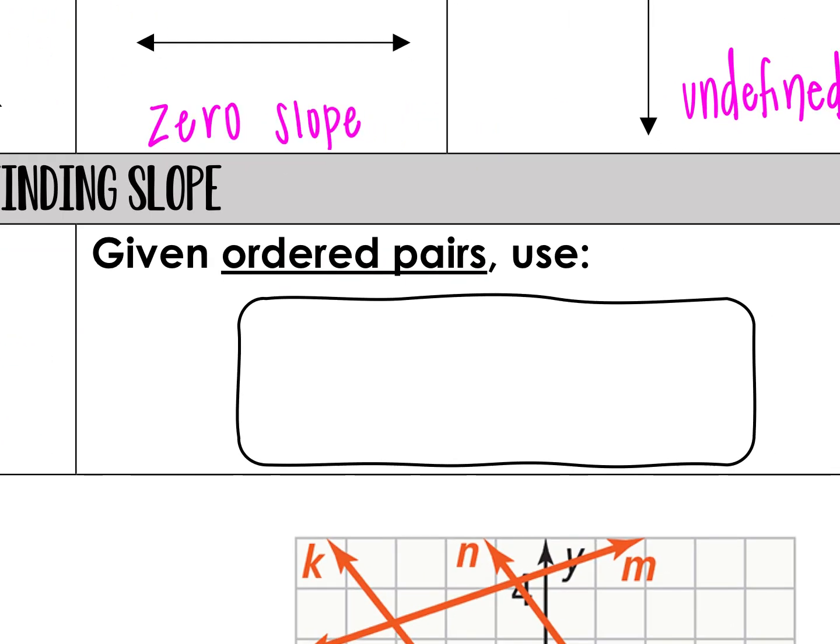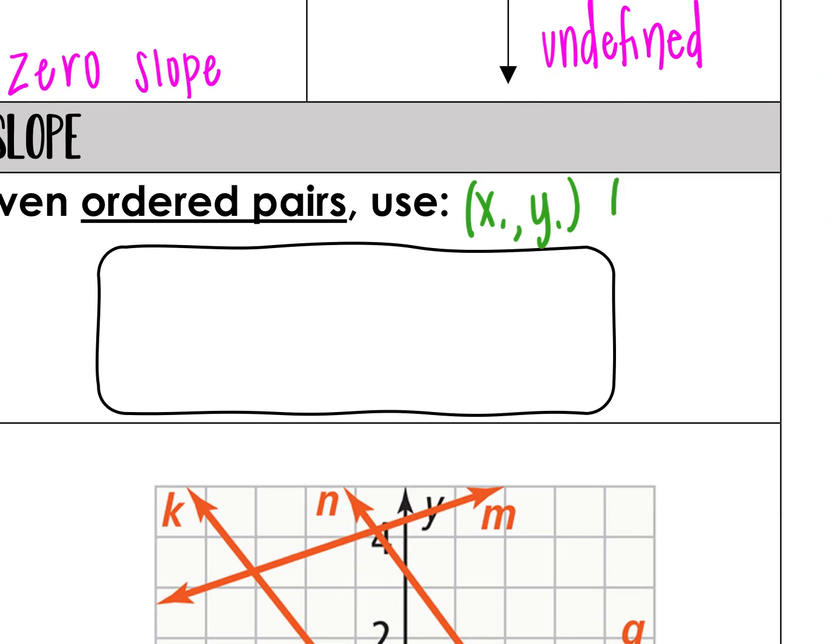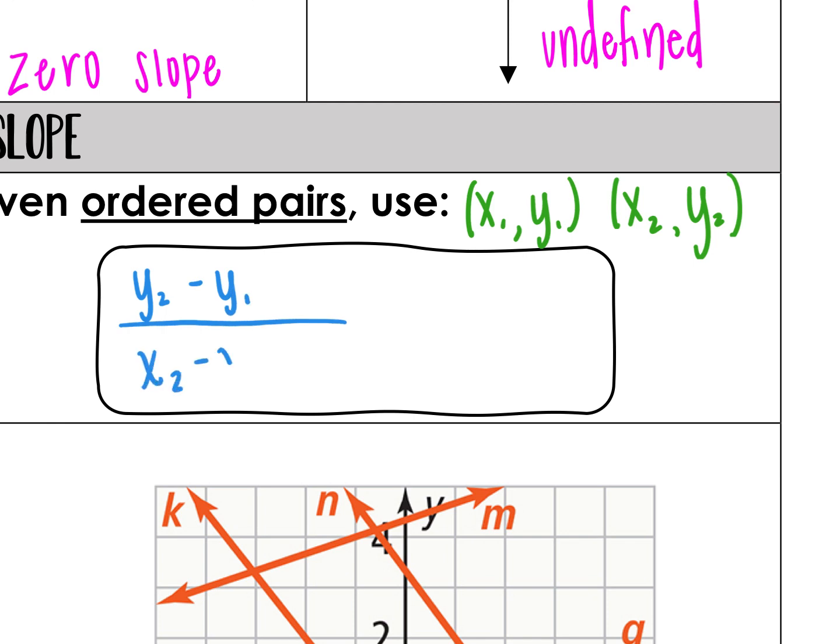If you aren't given a graph, instead you're given two ordered pairs, like (x1, y1) and (x2, y2). That's just identifying two different points, and you want to find the slope between them. It's the same idea. It's the change in the y's over the change in the x's. Change makes us think subtraction. So you take y2 minus y1, and you find the change in your x's, x2 minus x1.